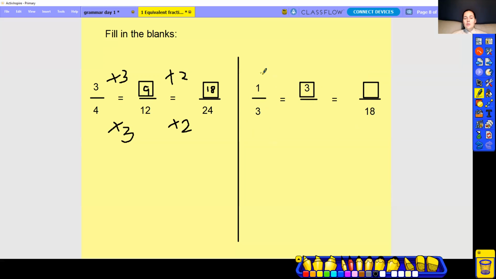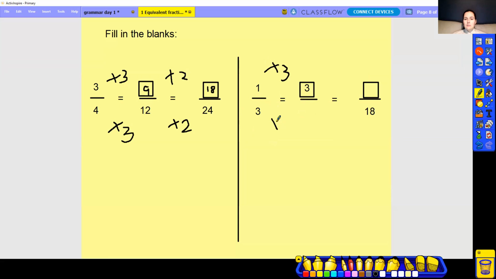So from the numerator, we know we can't use the denominator to start off with because there isn't one here. So we can't compare them and see what's happened. So we need to start with the numerator. We're going from 1 to 3. So I know to get from the number 1 to 3, if I'm using my multiplication facts, I'm timesing by 3. So I need to do the same to the denominator.